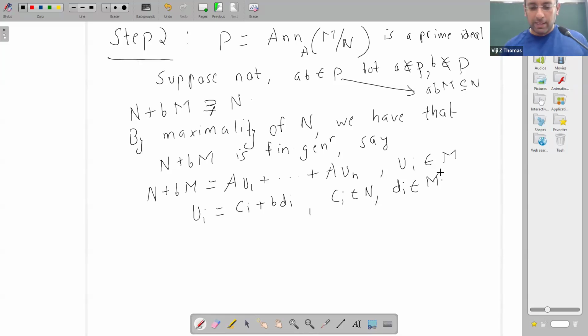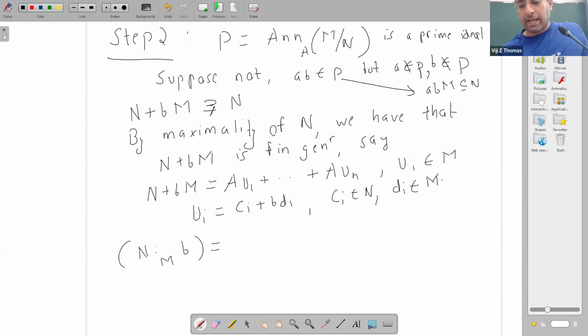Now what I want to do is, yesterday also, if you want to consider the colon ideal. First, let me define what it is. Yesterday we defined the colon ideal.